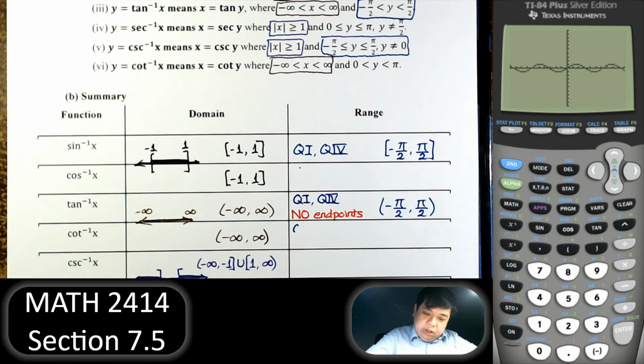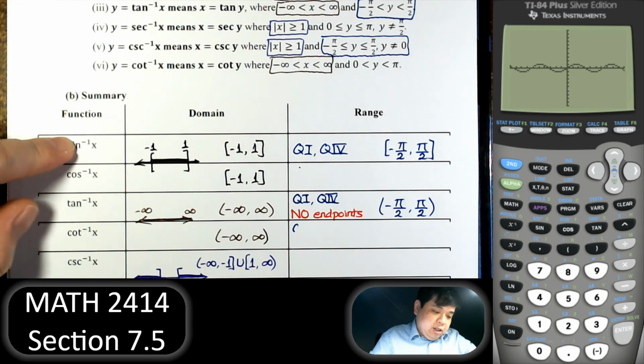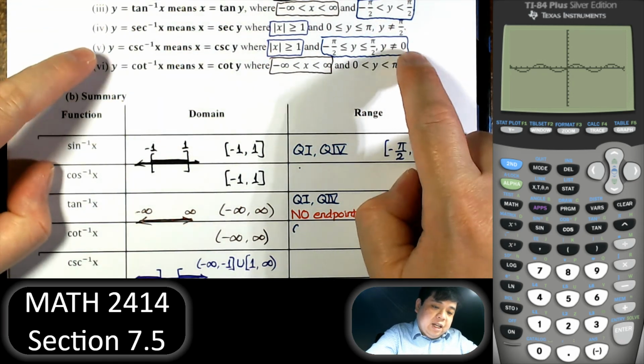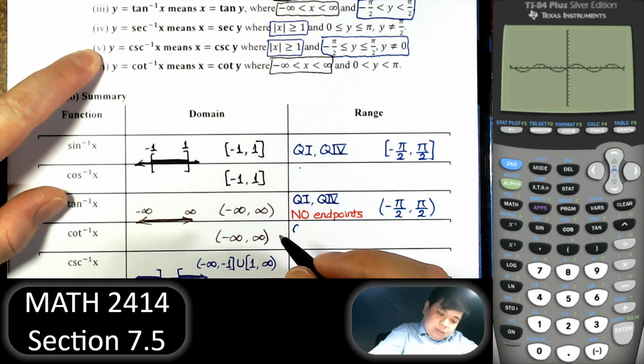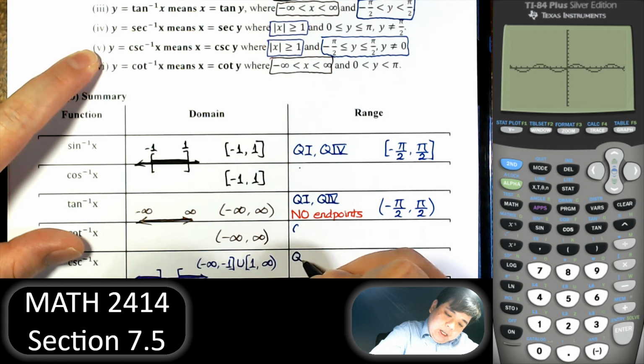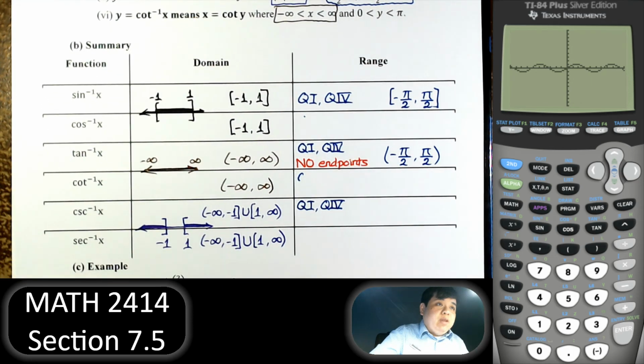Be very careful here. So we have sine inverse, tangent inverse, and then cosecant inverse. In quadrant 1 and quadrant 4. But we do not have the midpoint.